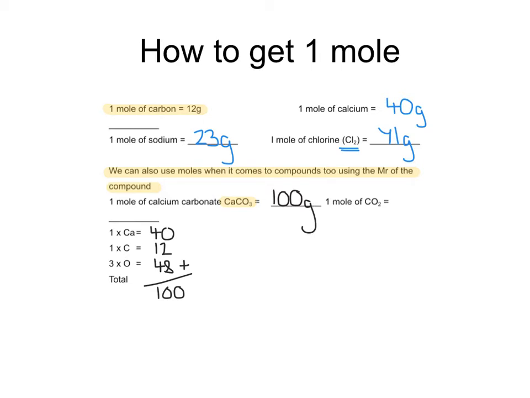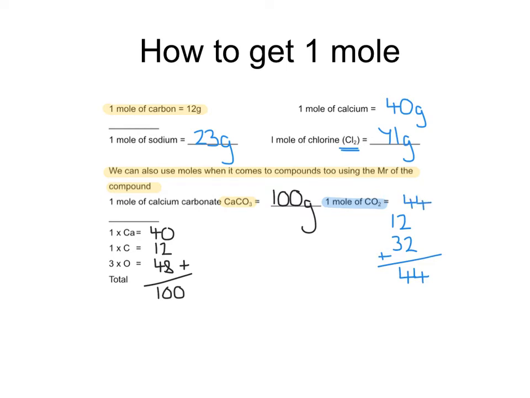Now, if we were to consider carbon dioxide, 1 mole of carbon dioxide, well, 1 carbon, so that's 12, 2 oxygens, so that's 32. Add it together then, I would find that the relative formula mass, or the relative molecular mass, or the Mr of carbon dioxide, like I've said, they're all the same thing, is 44.